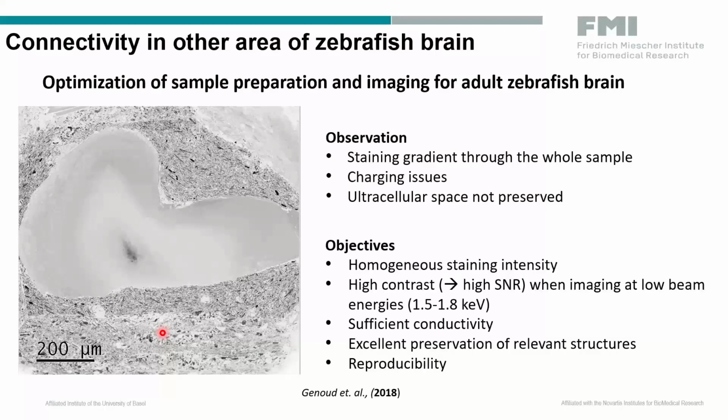So our objective for this adult brain tissue was to have a protocol that gave us a very homogeneous staining over the full sample. We needed to improve the contrast to image at a very low kV. We also needed a protocol that gives us sufficient conductivity and excellent preservation of relevant structures.